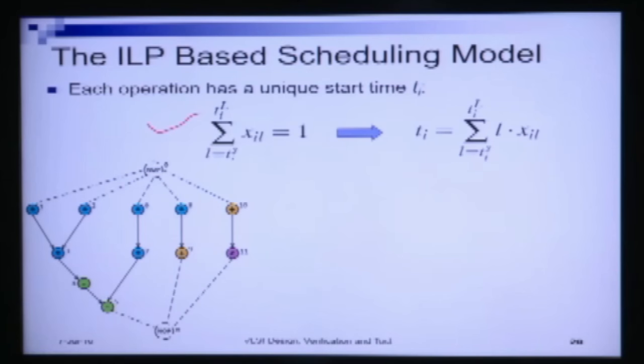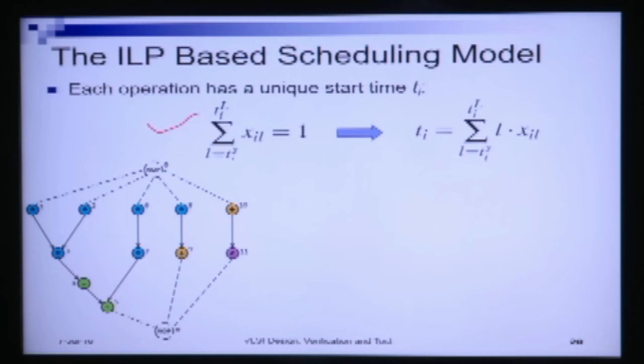So, to denote this through a constraint in the ILP model, we have an objective function and a set of constraints. Now, to model the constraint that an operation can start at one and only one time step, we apply the following that is shown here on the left: summation over l equals T_i^S to T_i^L of x_il equals 1.